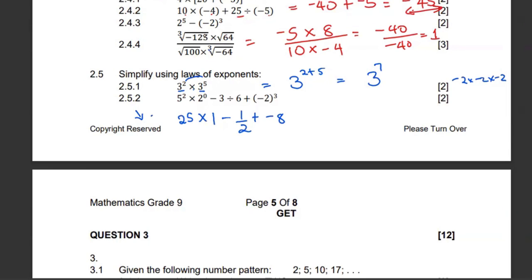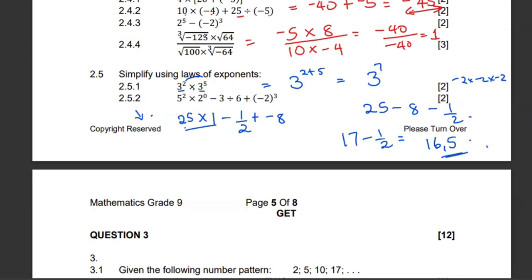So we know that 25 times 1 is going to be a 25. We are subtracting 8, and then we are subtracting a half. So 25 minus 8 gives me a 17. And then 17 minus a half, that gives me a 16.5.